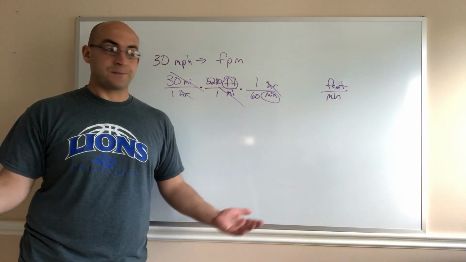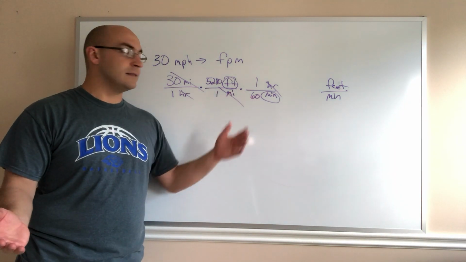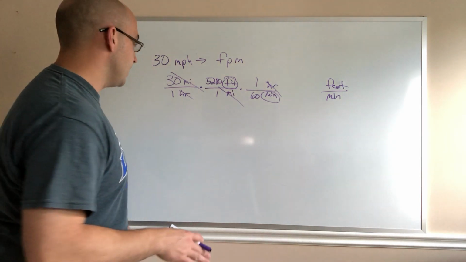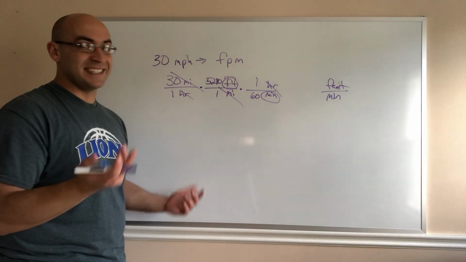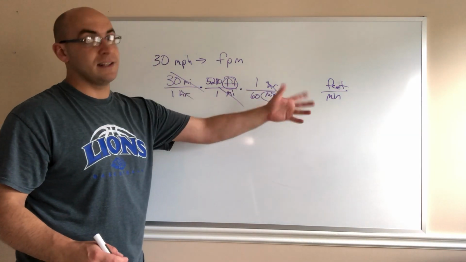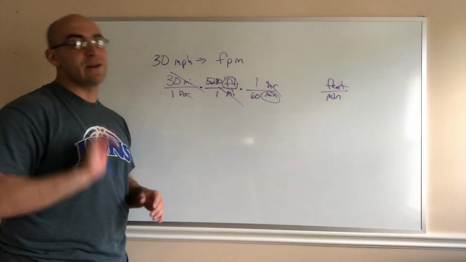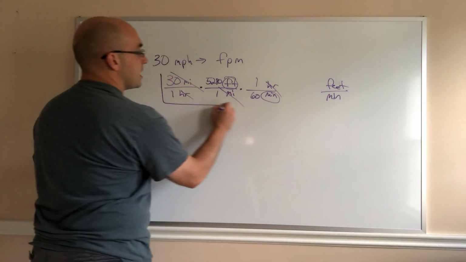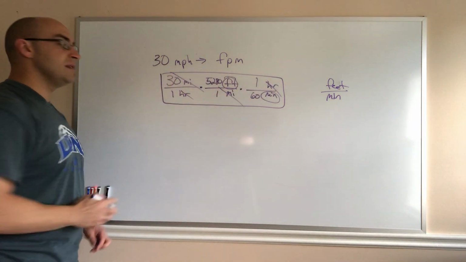There's no calculator here. And I would rather not go ahead and just blurt out the answer because you might lose your minds about how intelligent I am. So I don't know the answer. So 30 times 5,280, blah, divided by 60, and then divide that, that's your answer. I don't know what it is. Hopefully you can help me out. But if I ask you for the setup of this question, this would be the correct answer.